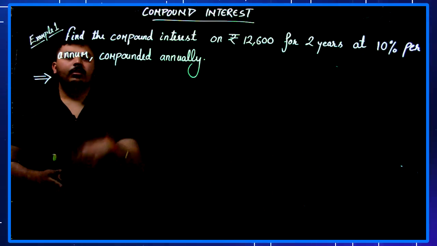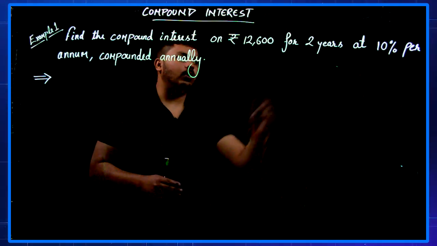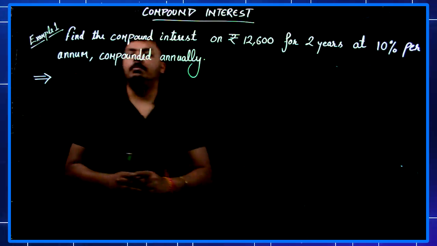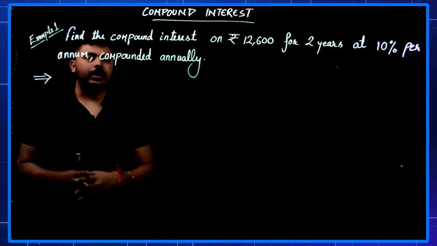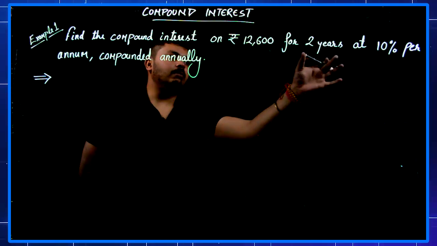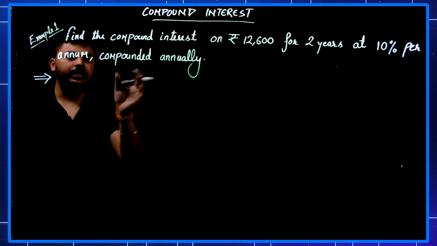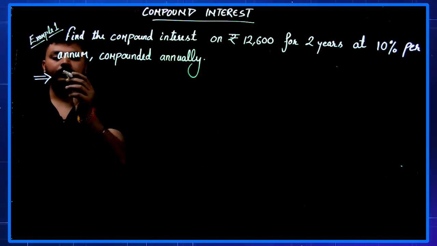Example 1. Find the compound interest on rupee 12,600 for 2 years at 10% per annum compounded annually. 12,600 is our principal, time is 2 years and rate is 10% per annum and it is compounded annually.